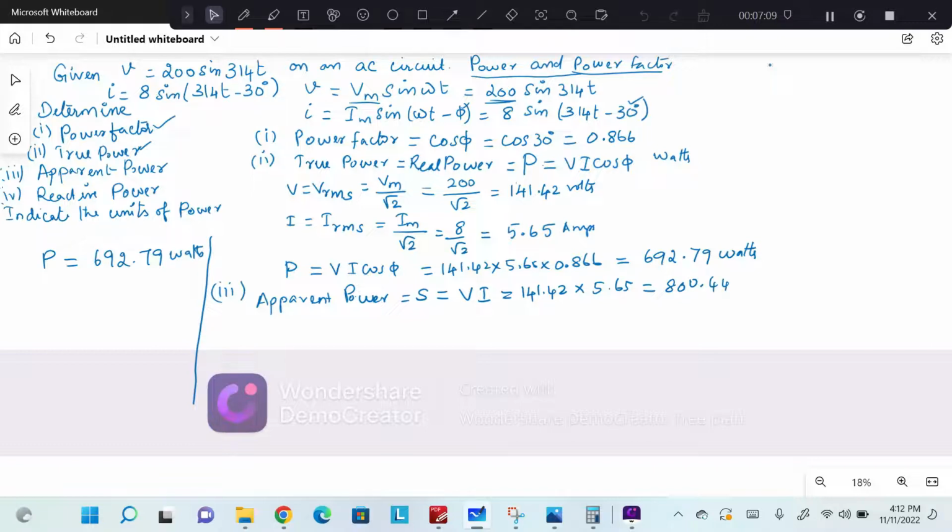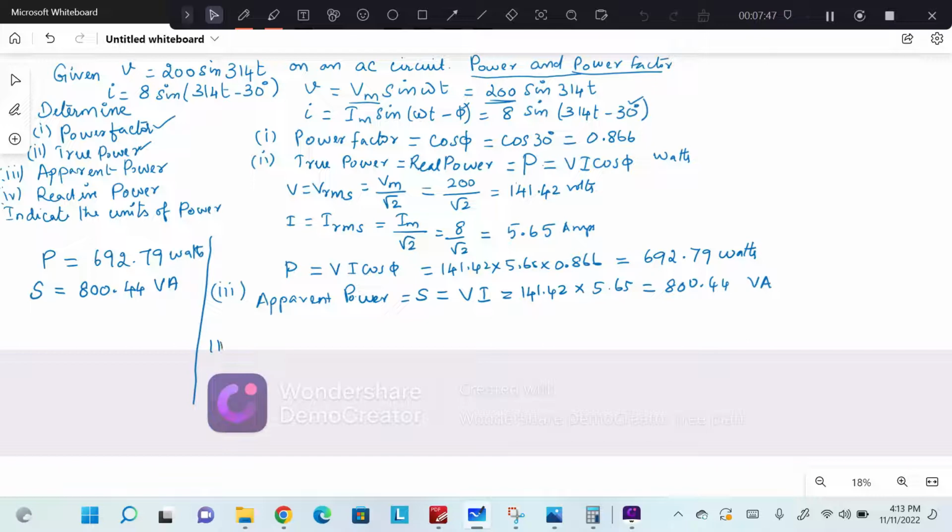The unit of apparent power is volt ampere, VA. Apparent power is represented by the letter S, and it can be calculated as V into I, and since it is V into I, the unit of the apparent power is volt into ampere, volt ampere. So here I will write the answer. S is nothing but the apparent power, and we are getting the value as 800.44 volt ampere.